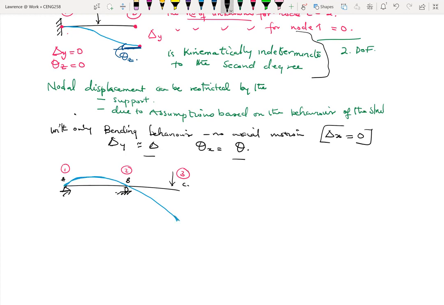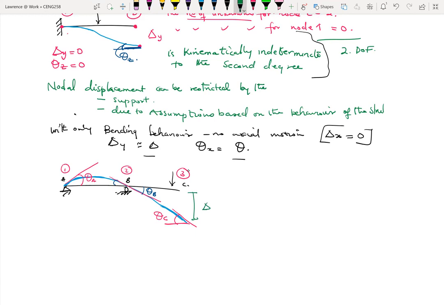Once that happens, we can determine this angle here will be theta A. We also determine an angle here, theta B. Then we can have a tangent here, and this angle becomes theta C, and also this deflection here, delta.